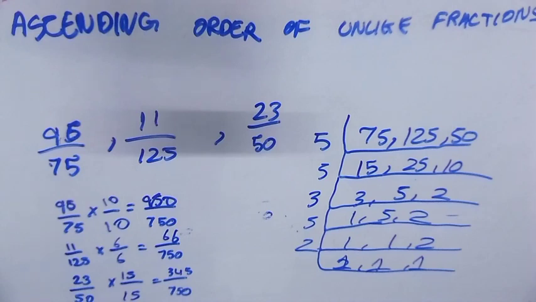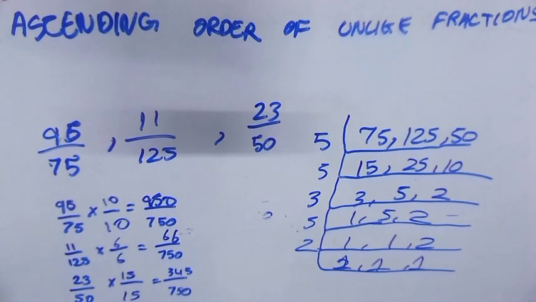As I am multiplying 15 with 50, I must also multiply 15 with 23, which would become 345 by 750. So we found some fractions here: 960, 66 and 345. All these have the same denominator 750, which makes them like fractions.